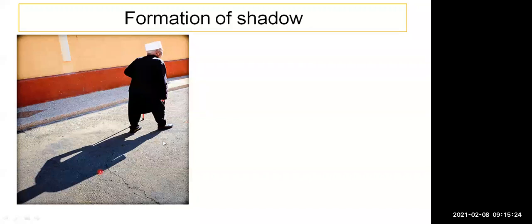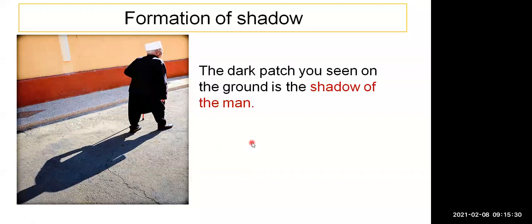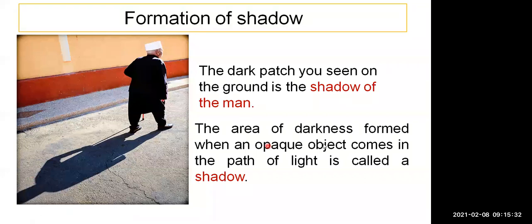So what kind of an object is necessary for a clear shadow to be formed? It is the opaque object. This dark patch that you see on the ground is called the shadow. The area of darkness is formed because of which object?